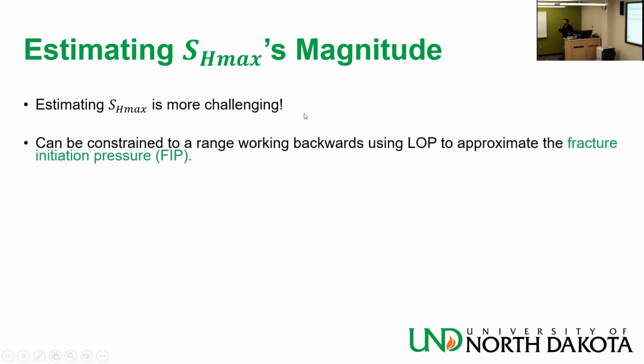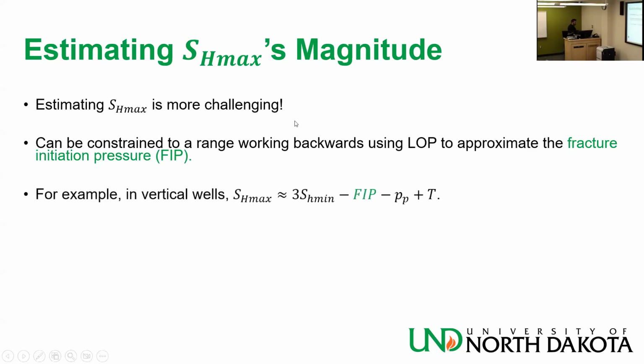You can get an approximate value working backwards if you have the fracture initiation pressure under some conditions, not always. You can use this equation, and we are going to see why. If it's a vertical well under some conditions, and you have an indication of the fracture initiation pressure, you can back calculate, back constrain SH max.